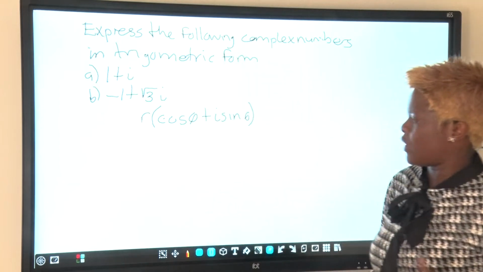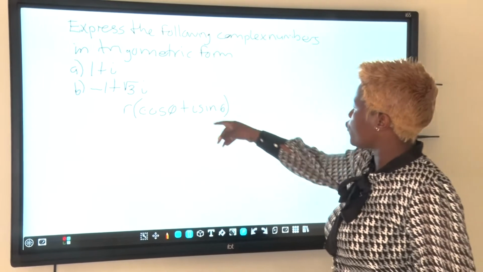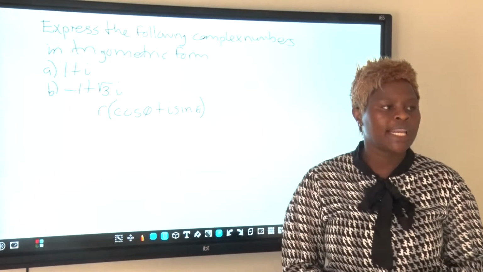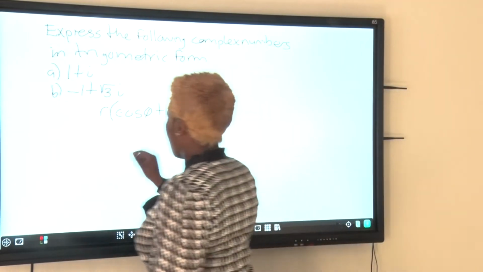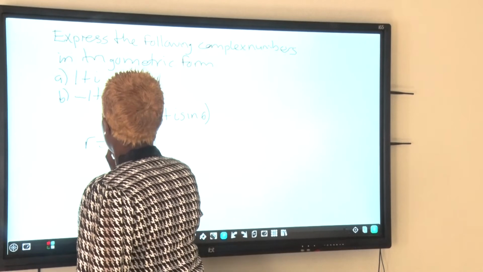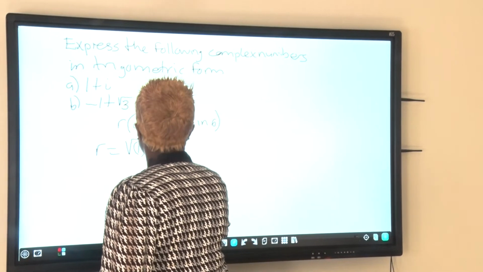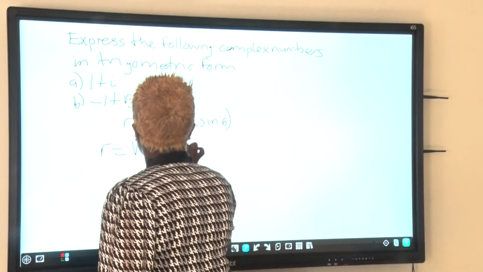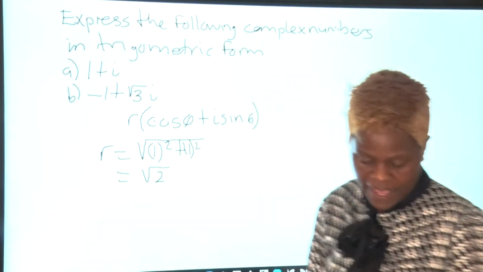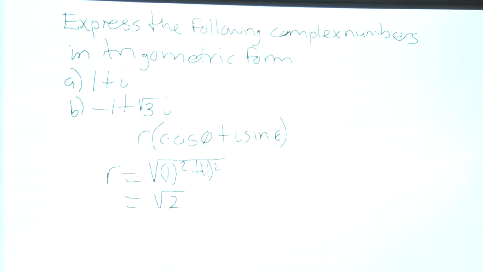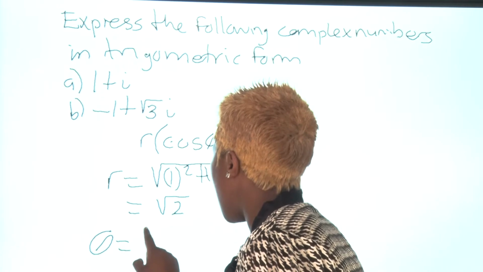We have already said that r is the modulus. So for us to fulfill this, we have to calculate the modulus first and the argument. What's our modulus? r is equal to the square root of 1 squared plus 1 squared. And what's the answer there? It's the square root of 2. Then our argument, which is theta, is what?